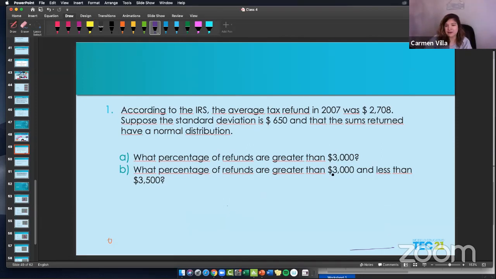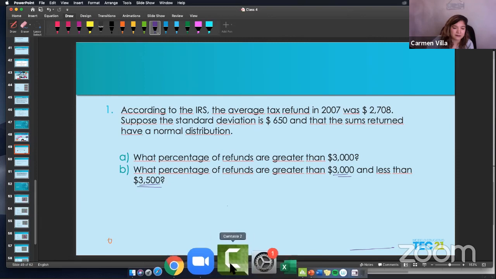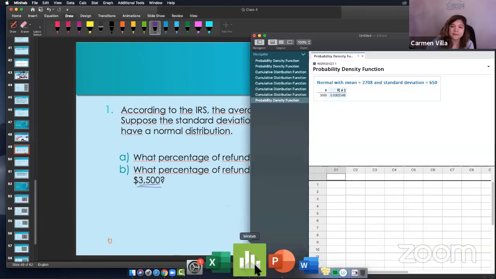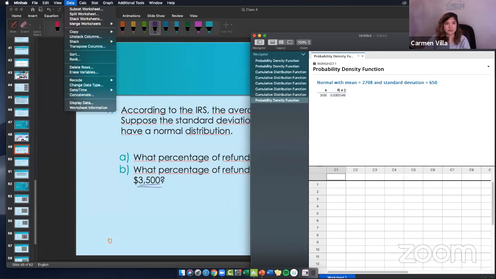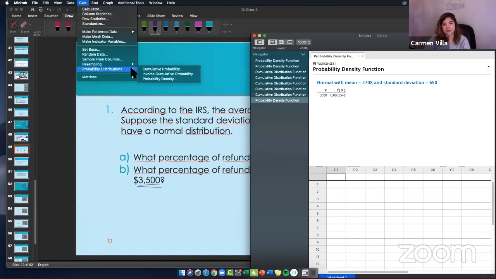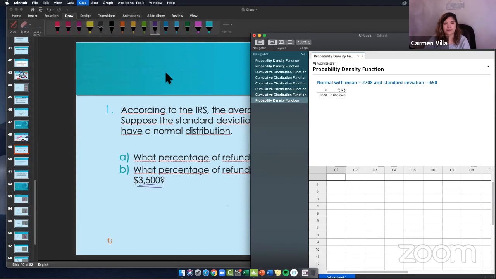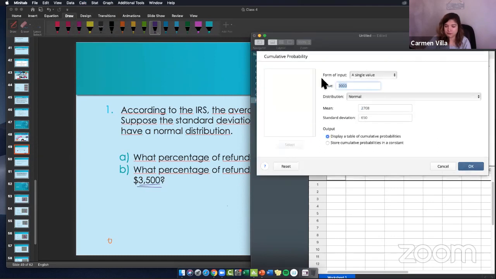So we will calculate from 3,000 and from 3,500, with the same information. That information didn't change. So we make it 3,500.